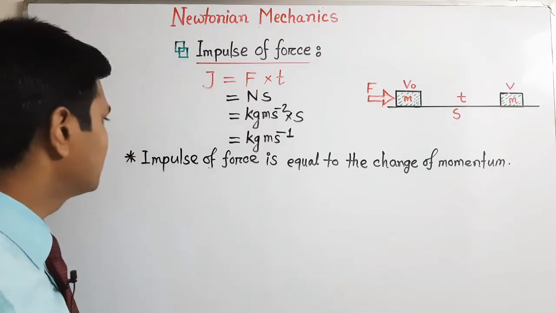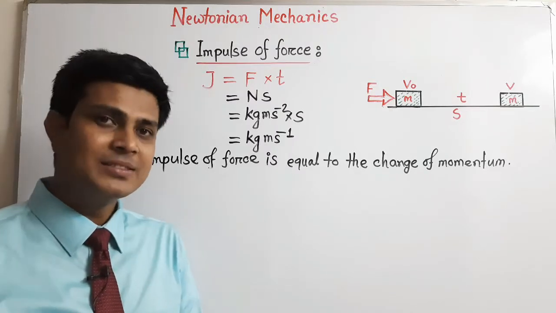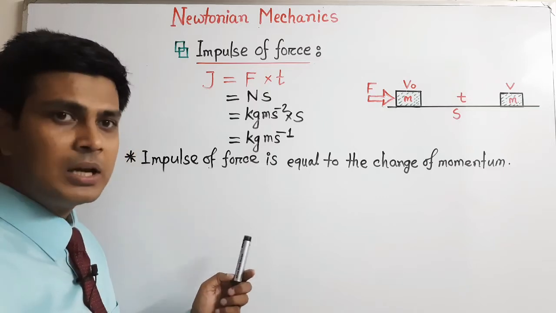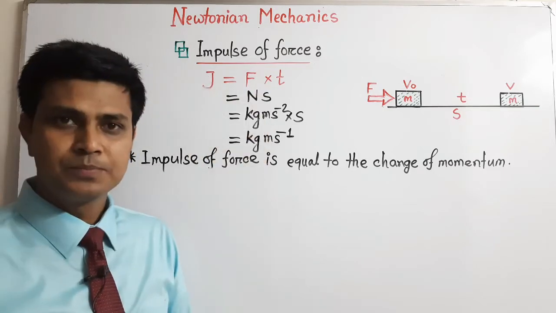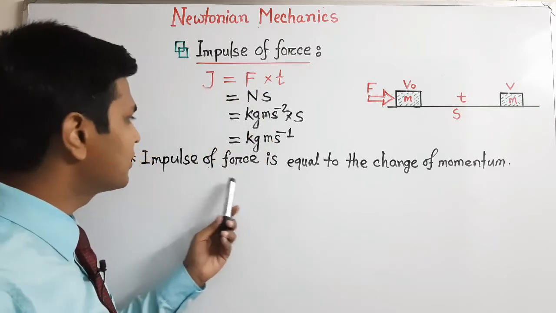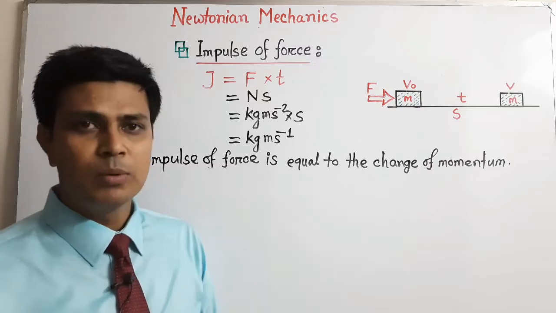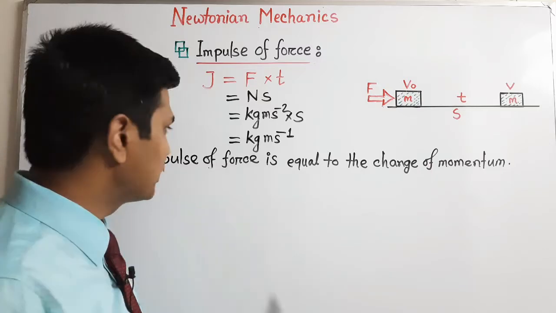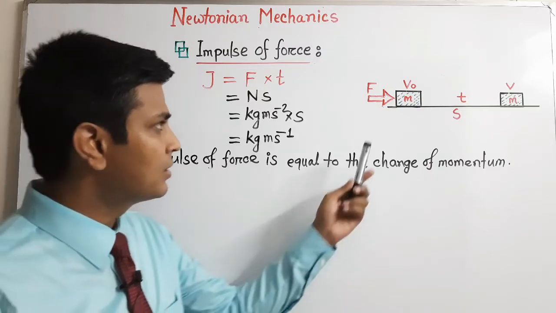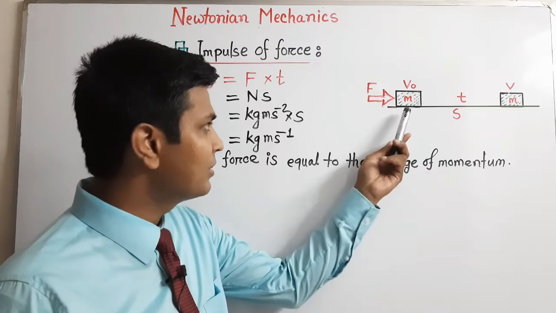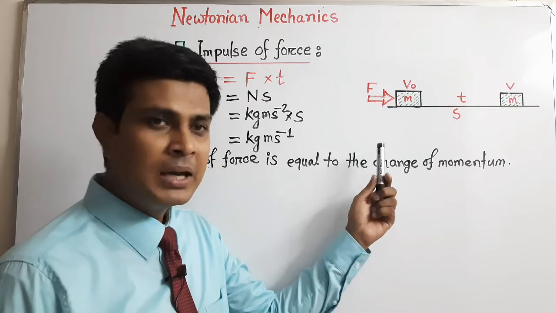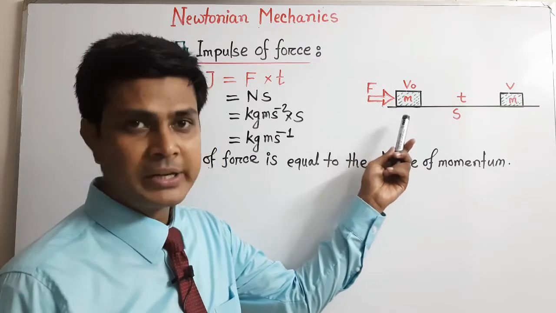Now let's discuss a comprehensive question about impulse of force. The question is: impulse of force is equal to the change of momentum. To explain this, let's see a diagram. In the diagram, you can see an object whose mass is m and force F is applied on it.